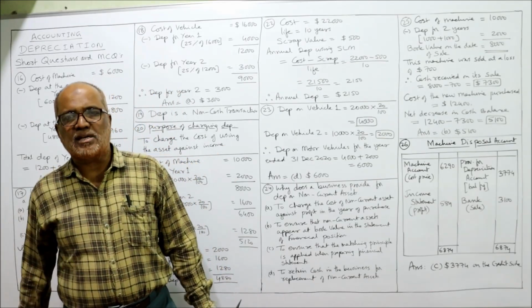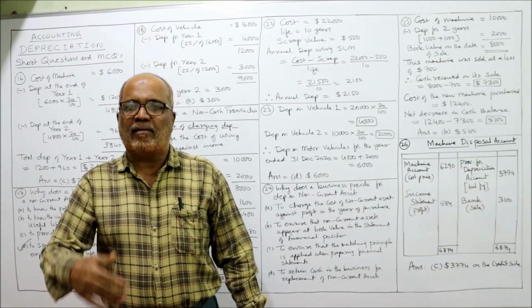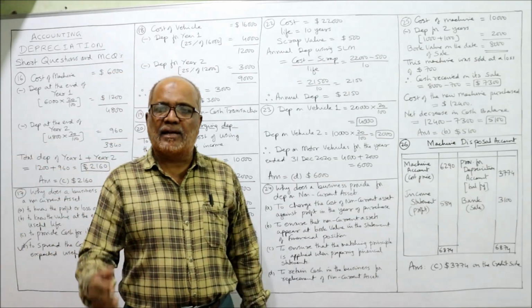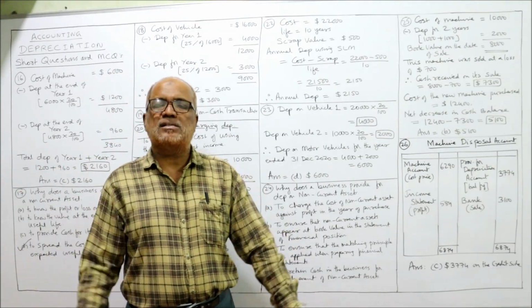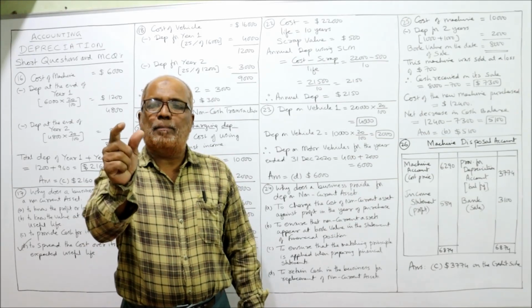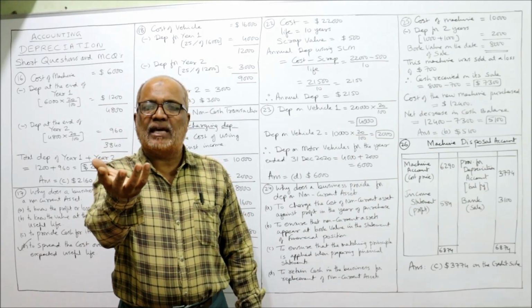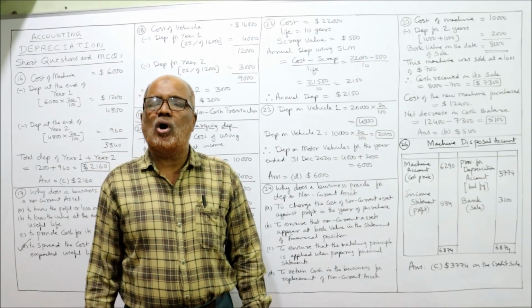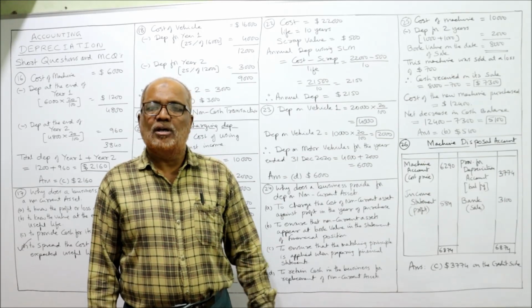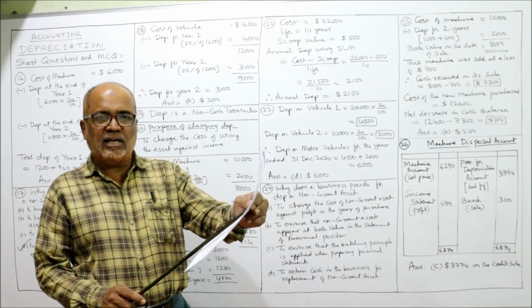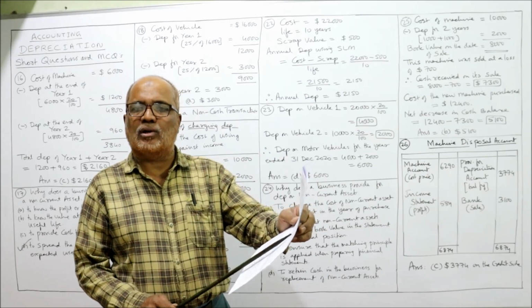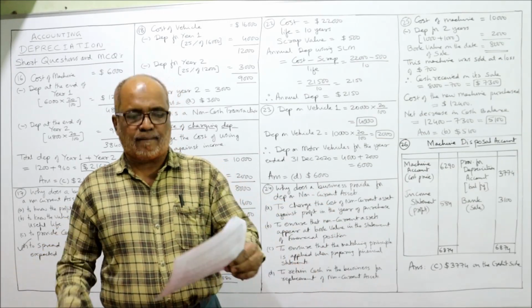Examples: salary paid, rent paid, telephone bill paid, electricity bill paid. All these are cash transactions. But depreciation does not involve any cash. It is a non-cash transaction. So it is asking, depreciation is a cash transaction, true or false? I will say it is false.